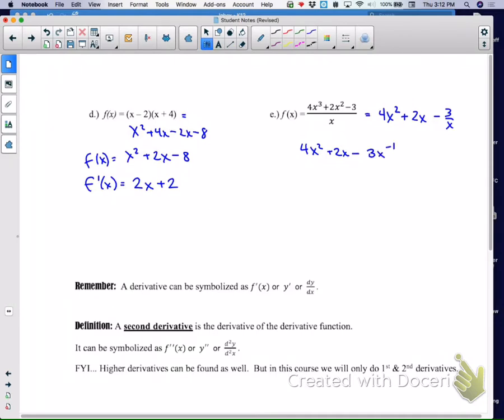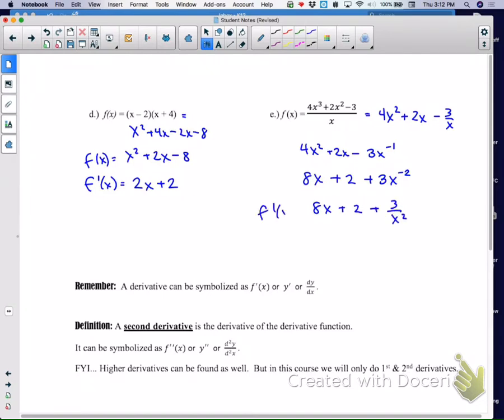Okay, remember you can turn fractions into negative exponents to do your derivatives. So 8x plus 2 plus 3x to the, bring your power down. Not allowed to have a negative exponent though. So 8x plus 2 plus 3 over x squared.